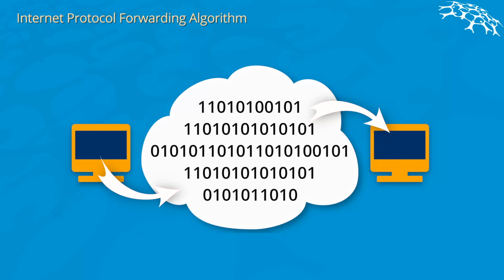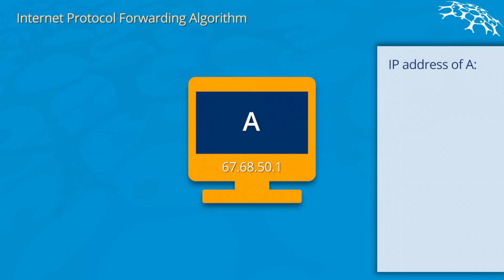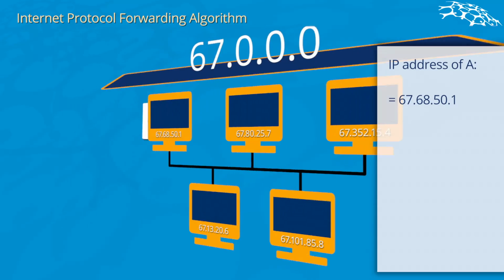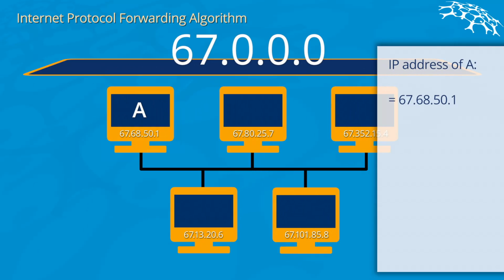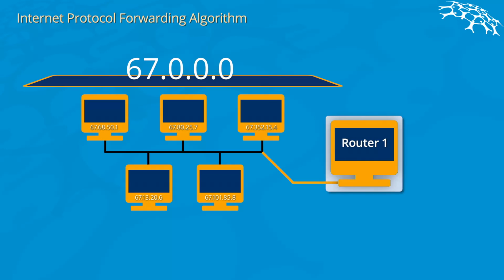For our example, let us assume that you are computer A, which has been assigned the IP address 67.68.50.1. From that IP address, we know that computer A is a member of a network identified by 67.0.0.0. On that network, there is a special computer called router 1.